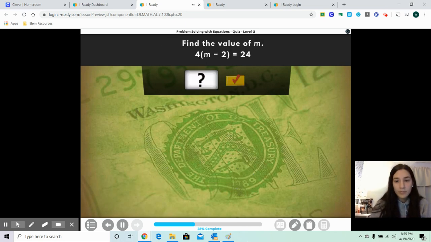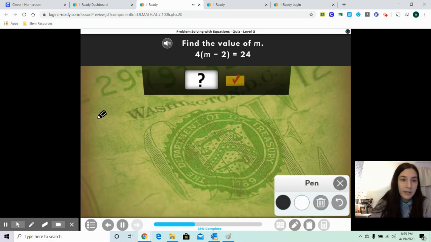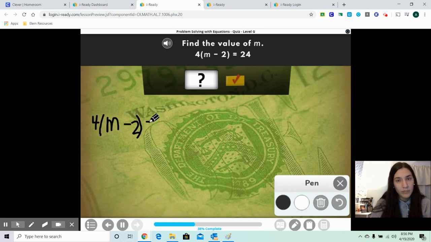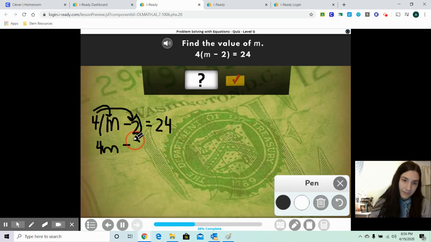Find the value of m. Okay, distributive property. Here we go. So we're going to distribute that 4 into our parentheses. So 4 times m will give us 4m. 4 times negative 2 will give us negative 8.